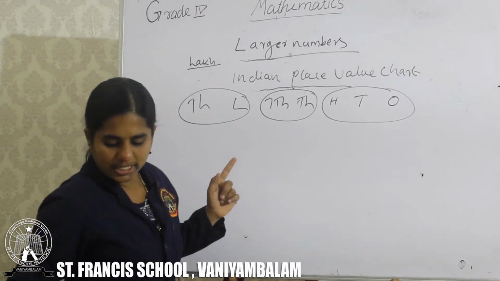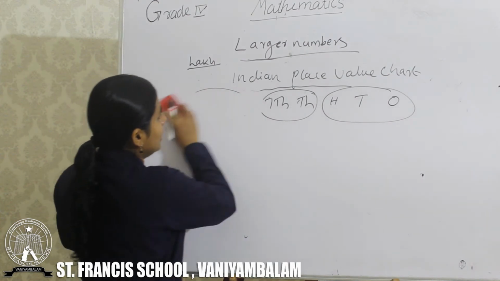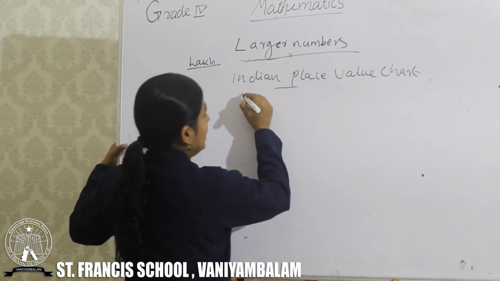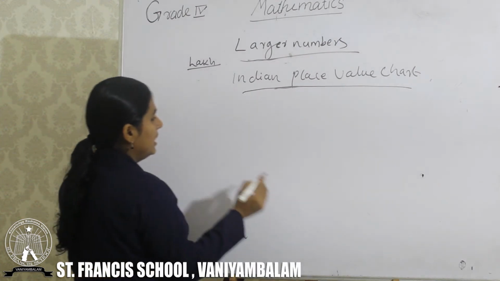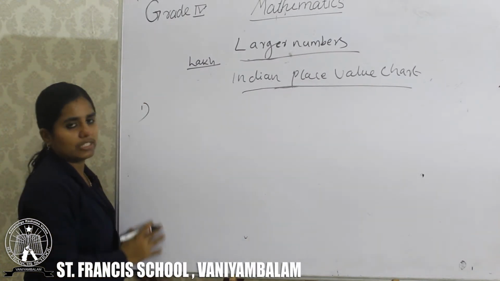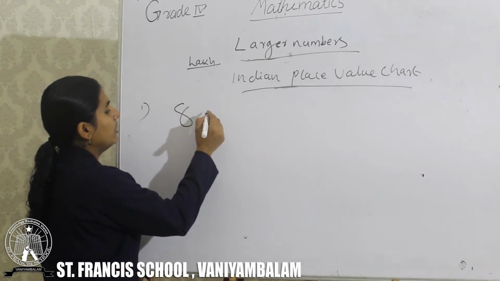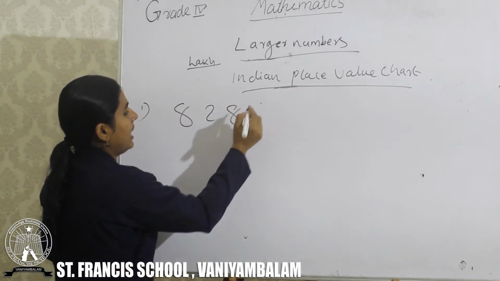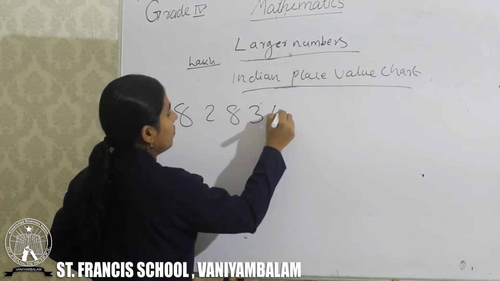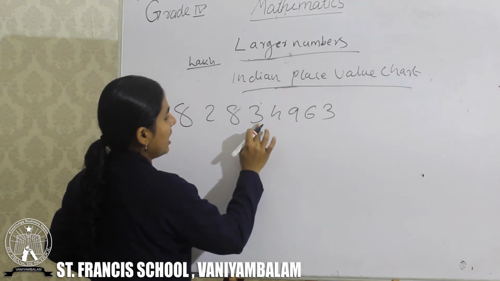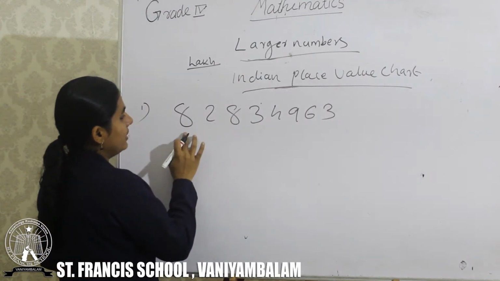According to this we can read the number name of large numbers. Now I will give you some questions, an activity. Just look here: 8, 2, 8, 3, 4, 9, 6, 3. How many digits? 1, 2, 3, 4, 5, 6, 7 digits.